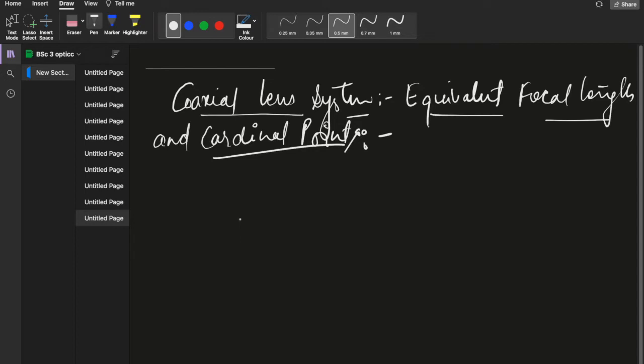Alright. Okay, let us consider a lens system. So this is our lens system. This is our principal axis. We take a convex lens.